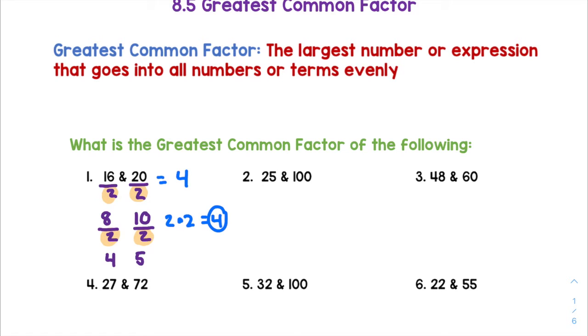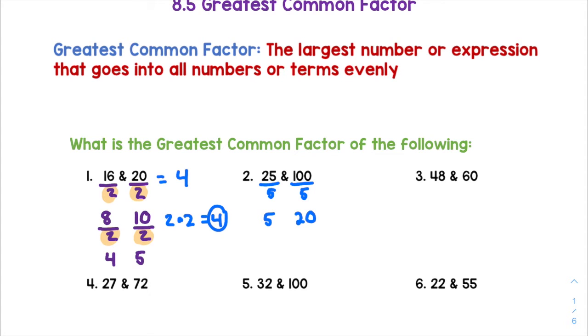Problem number 2 is pretty similar, in that I know that 5 goes into both 25 and 100. However, we need to check to see if it's the largest number that goes into both. So what I'm going to do is divide both of the numbers by 5. 25 divided by 5 is 5, 100 divided by 5 is 20, and I ask myself, is there a number now that goes into 5 and 20? Yes, there is.